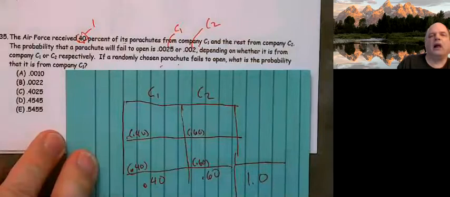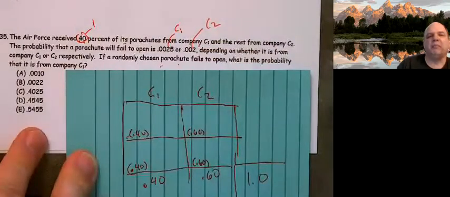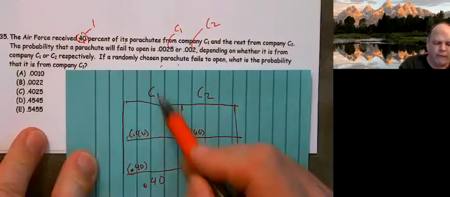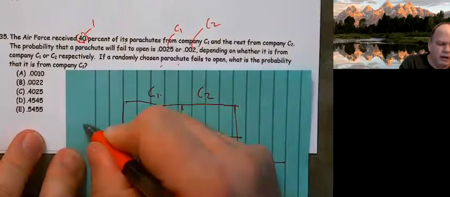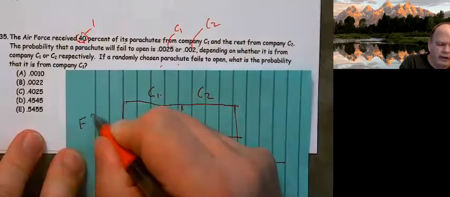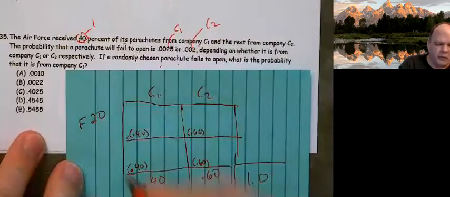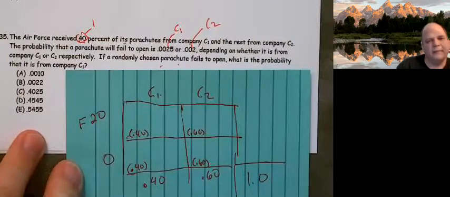All right. The probability a parachute will fail to open is 0.0025 if it's from Company 1. I'm going to say F is fails to open, and I'm just going to call this open.